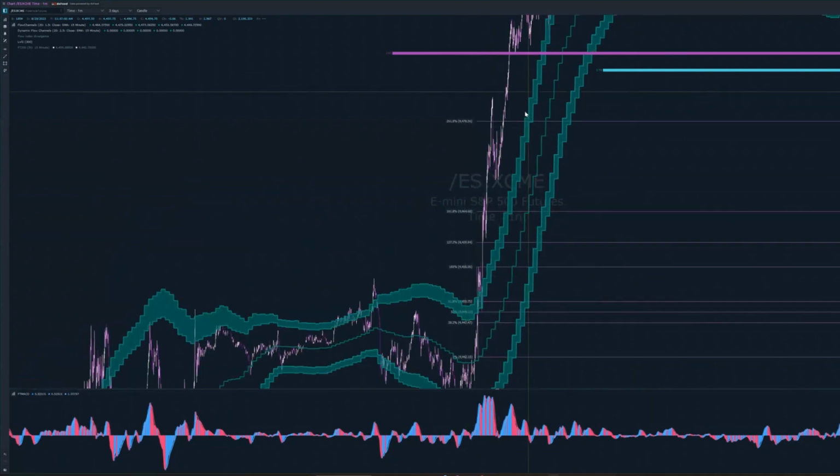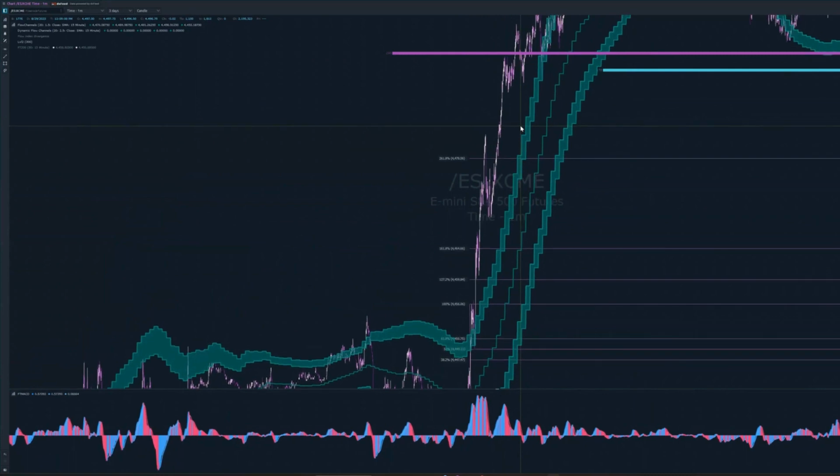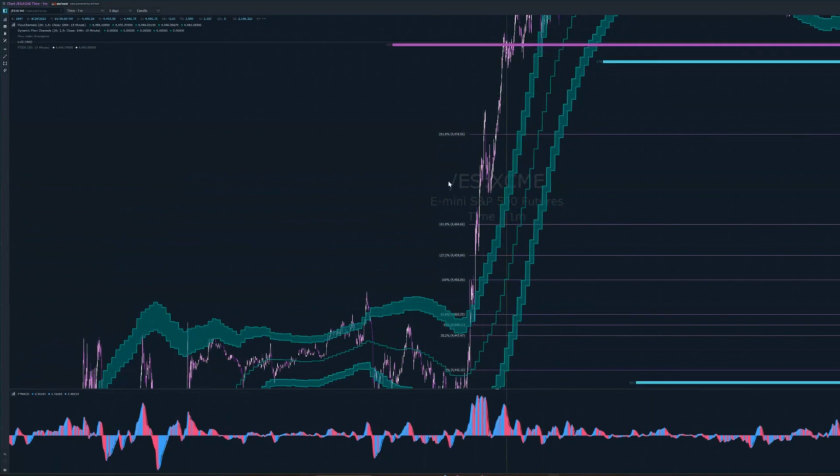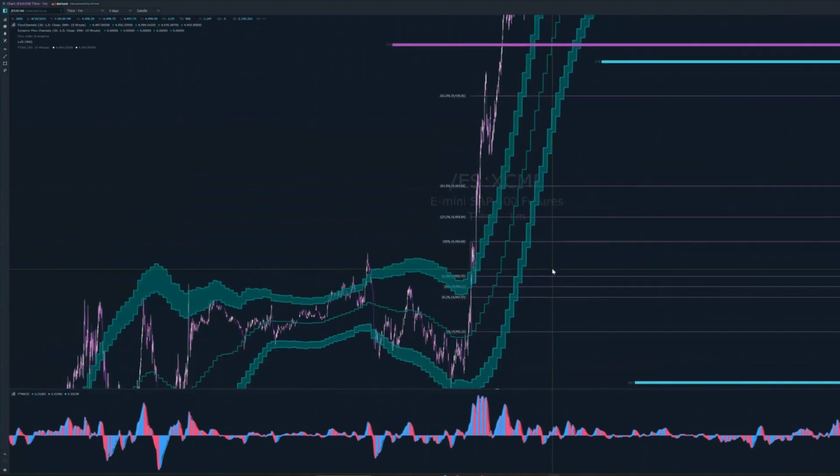That's a little unusual. It does happen, but with the daily not being fully crossed up yet and the weekly still being down, this is not quite as common. It just depends on the whole situation.